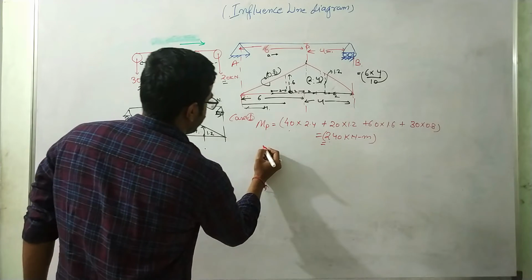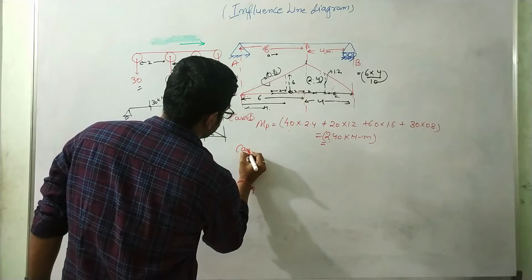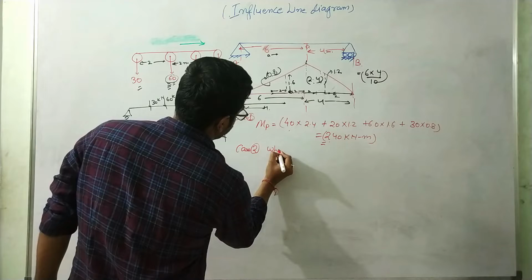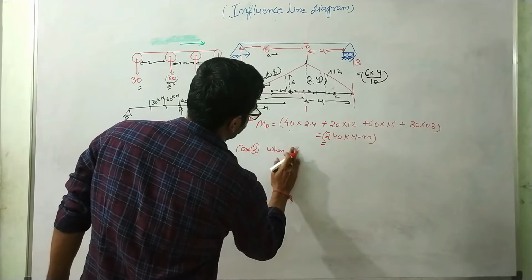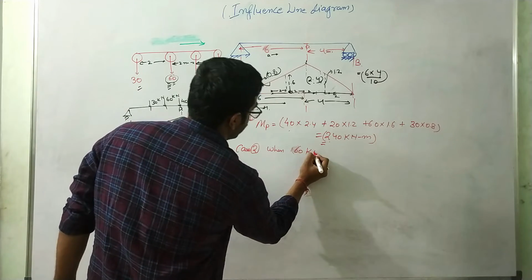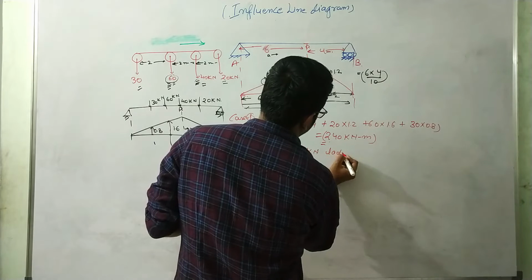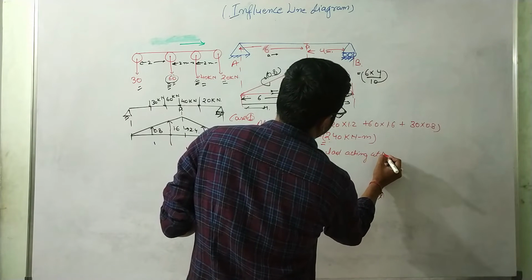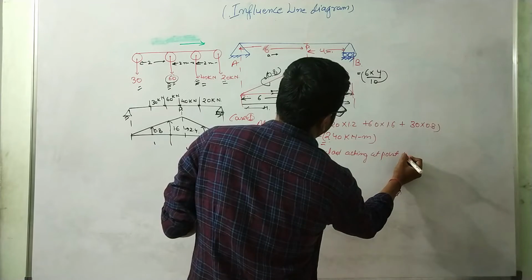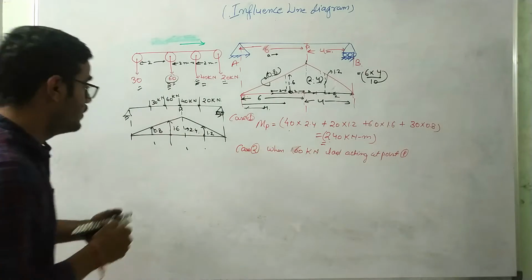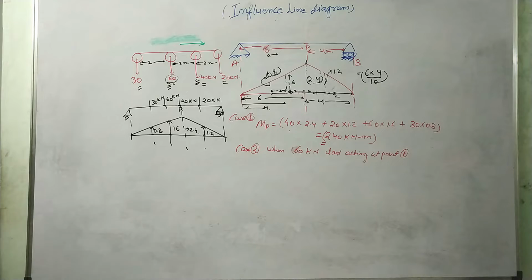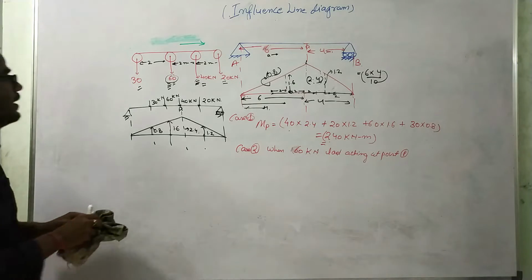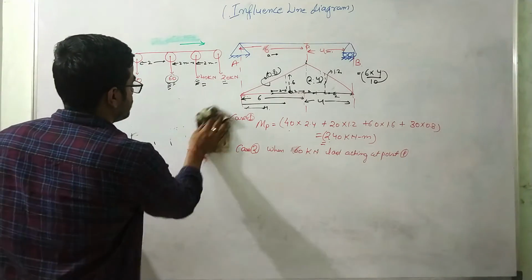Now for case 2, when the 60 kilonewton load is acting at point P. Now we'll see that different case.